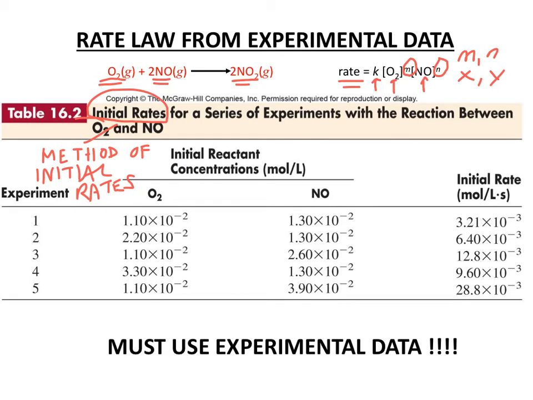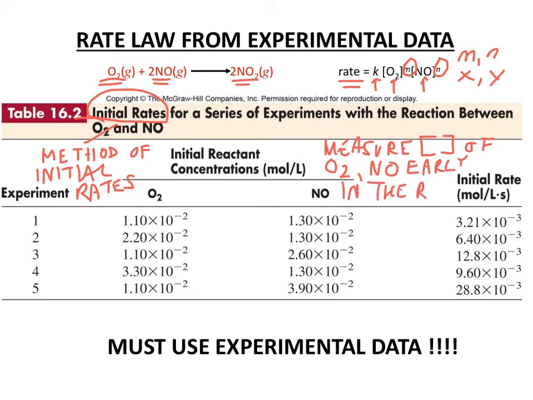So the method of initial rates says we measure the concentrations of, in this case, O2 and NO early in the reaction, before the concentrations have changed significantly.